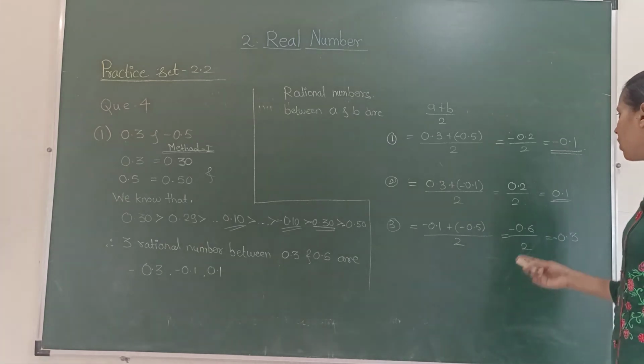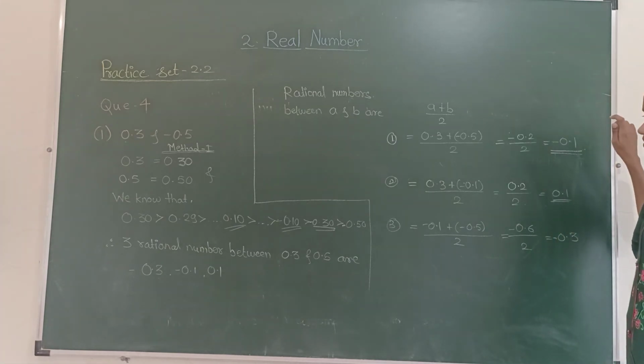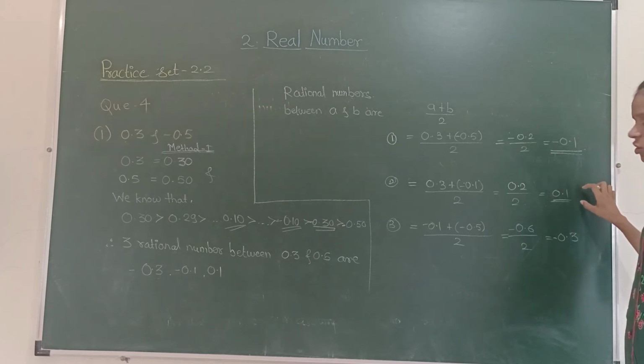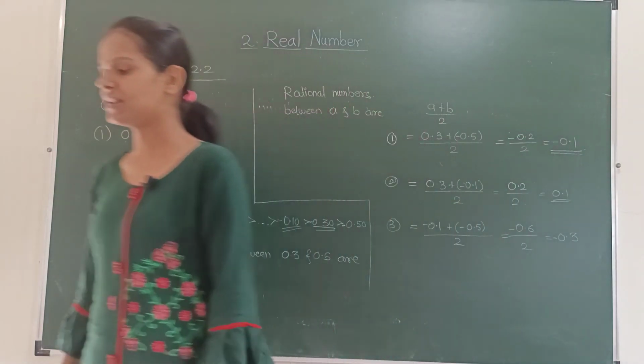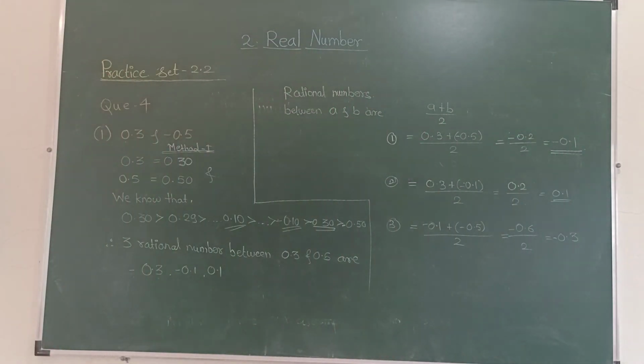This is how we have got the three rational numbers between the two given numbers. If you want this example, you can take a screenshot. We will solve the next one.